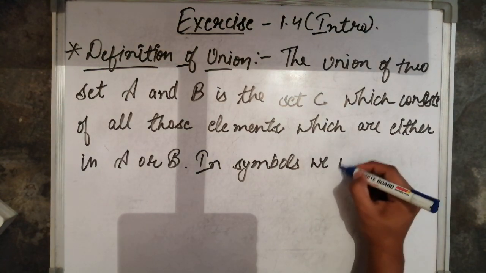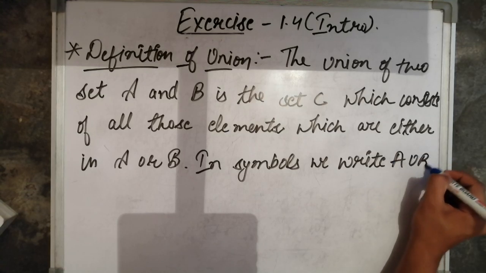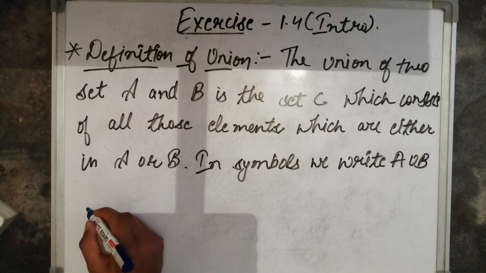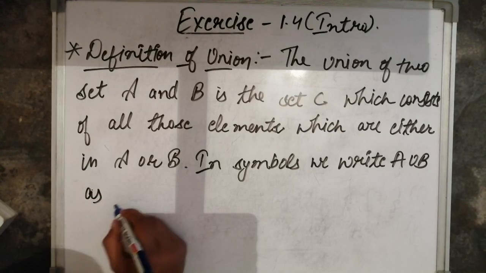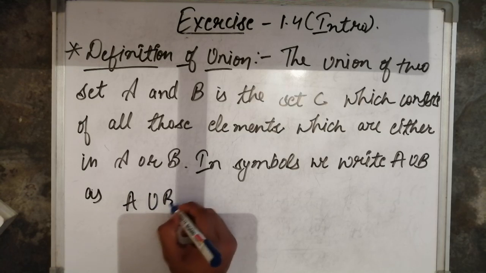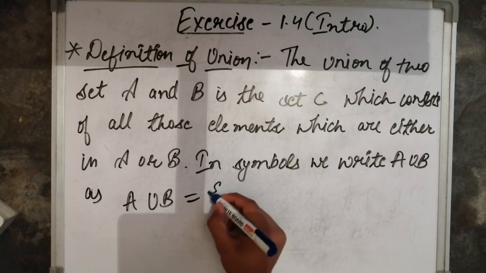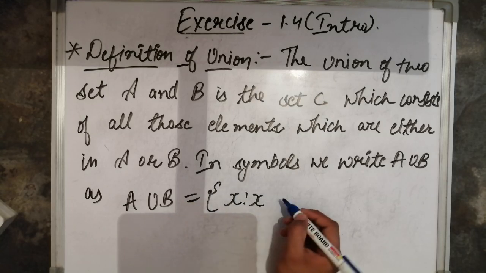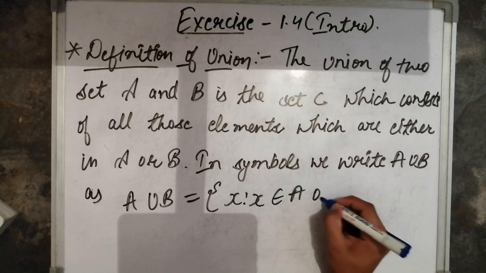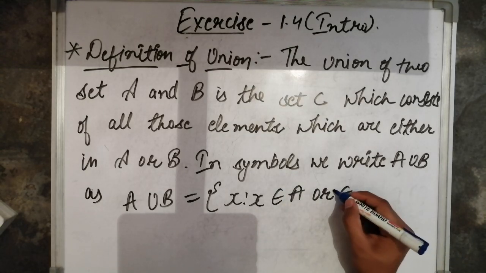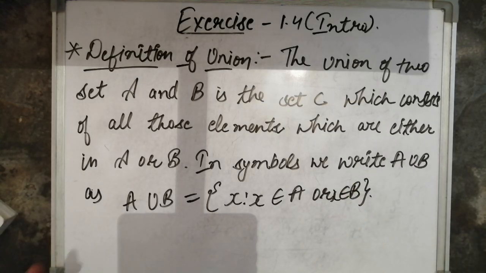We write A union B as A U B. This is not U, this is actually union, which is X such that X belongs to A or X belongs to B. Okay, so what does this definition actually mean?